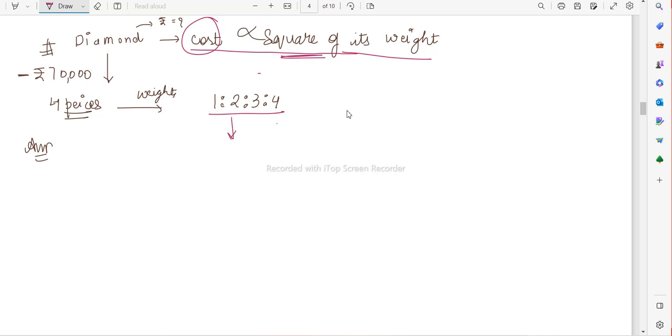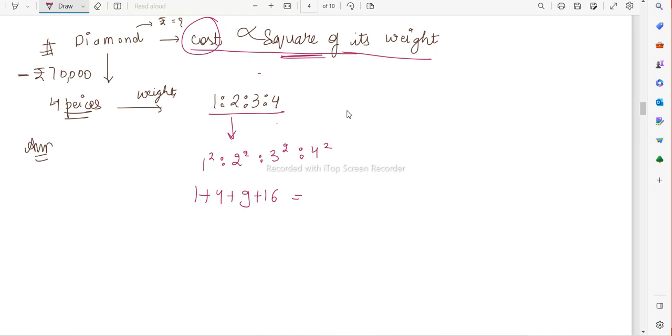So it is going to be 1 square ratio 2 square ratio 3 square ratio 4 square, which will be 1 plus 4 plus 9 plus 16, which is going to give you total weight.